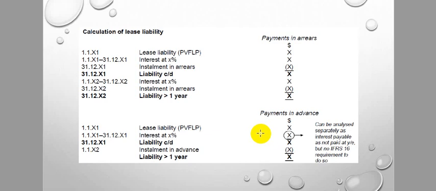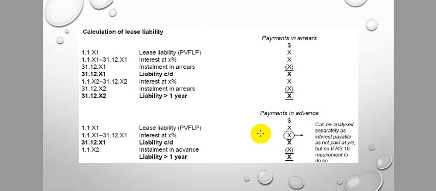So to split the lease liability as at December X1 into current and non-current, you subtract the installment in advance from the liability of X1.